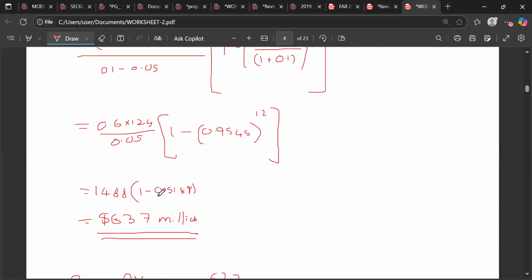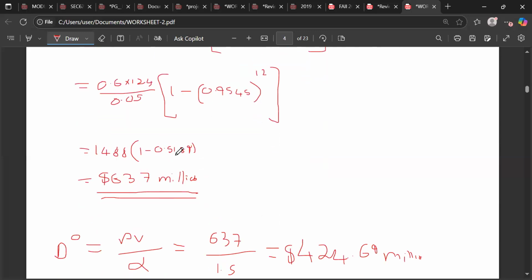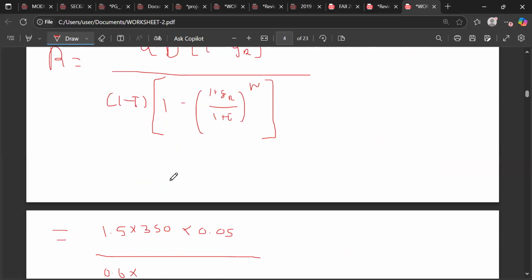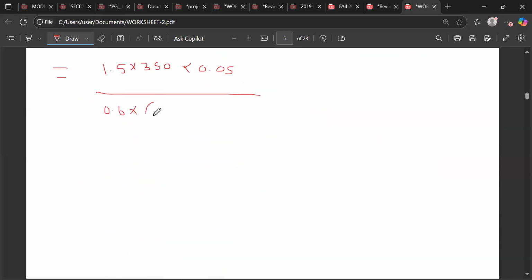So I'm saying 1 minus 0.5189 multiplied by 1 minus 0.5189.